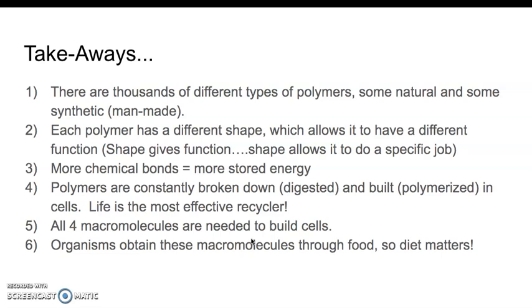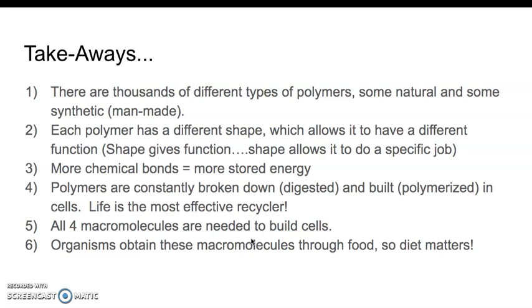Your body and cells in general are the best recyclers. They are constantly breaking down or digesting polymers through the process of hydrolysis, and then building new polymers through the process of dehydration synthesis. And that's just constantly going on in life all the time.